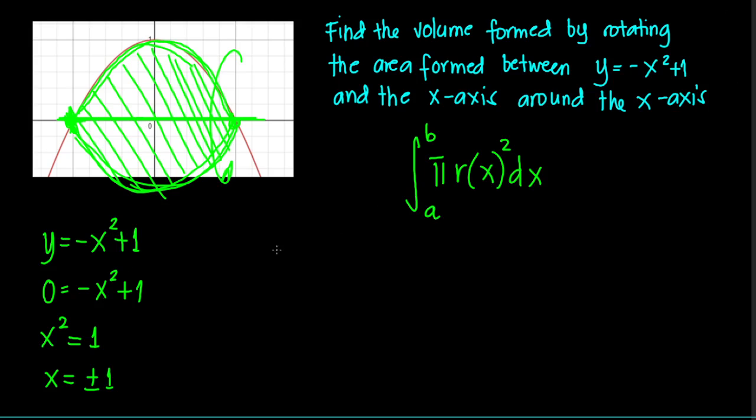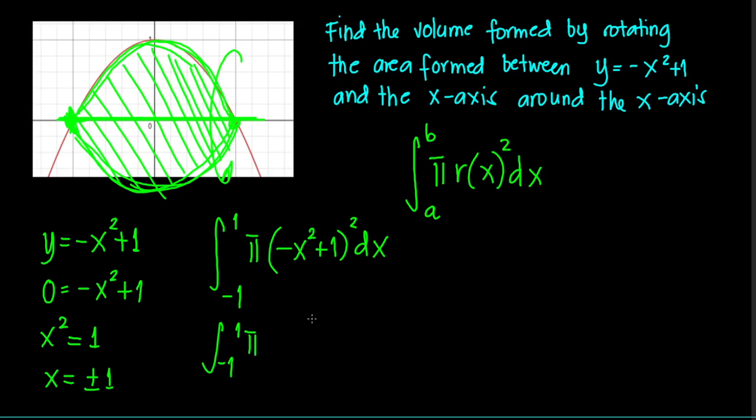So, let me write it now: from negative 1 to positive 1, pi. And then, our r of x is the function, negative x squared plus 1, squared dx. We will find its definite integral right away. So, it is easier now. Okay. Let's proceed. So, this negative x squared plus 1 squared, let me expand it. Negative 1, 1, pi.